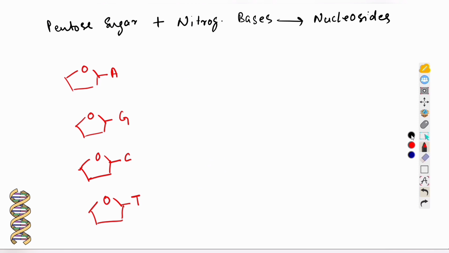Okay. Now, when adenine is fused with the pentose sugar, it is known as what? Adenosine. Remember, adenosine. When guanine is fused with the pentose sugar, it is known as guanosine.